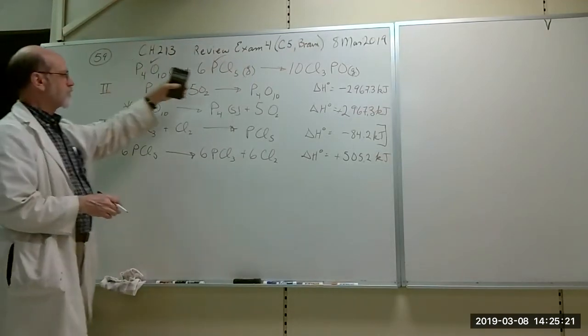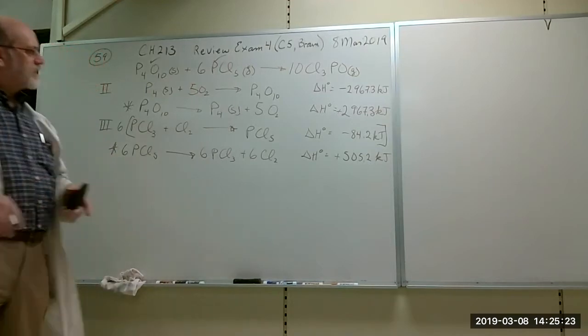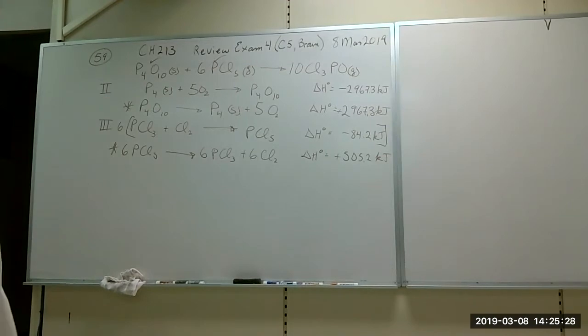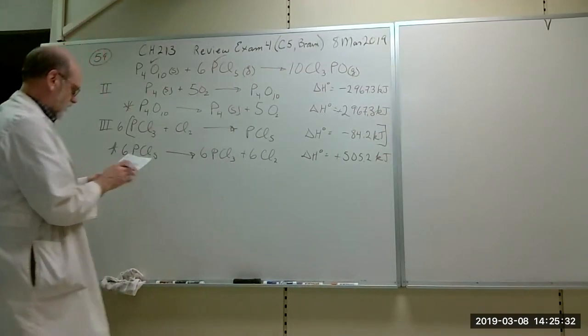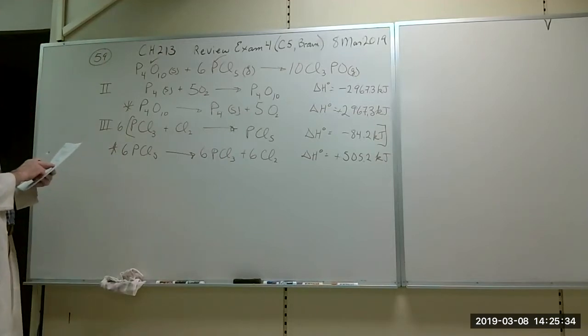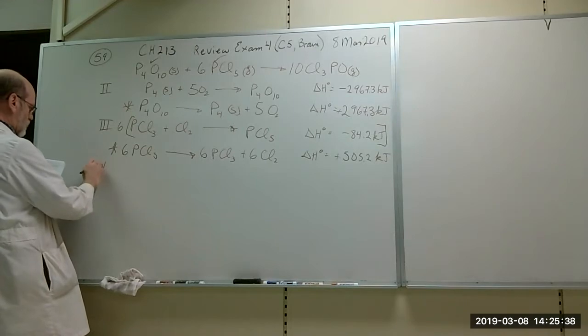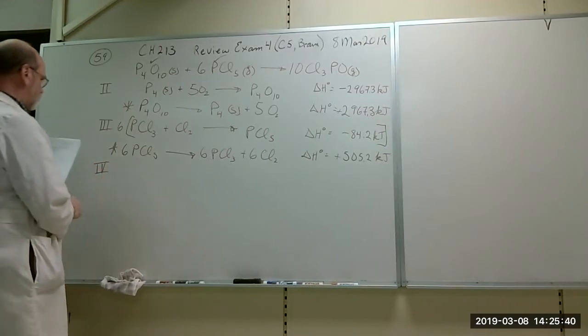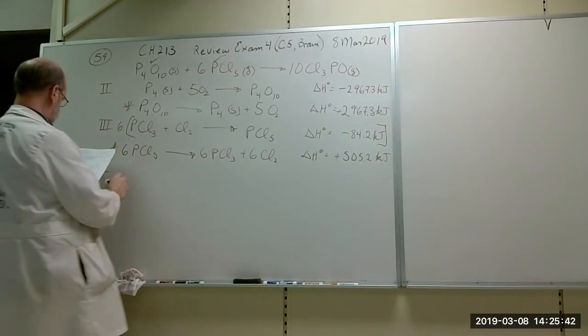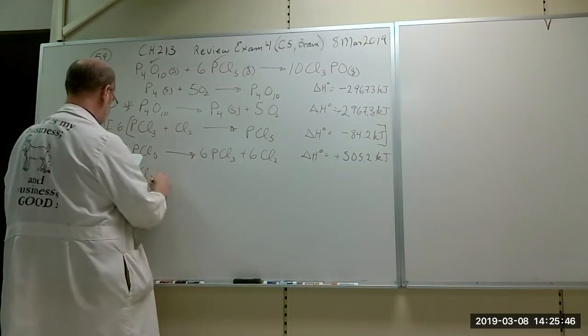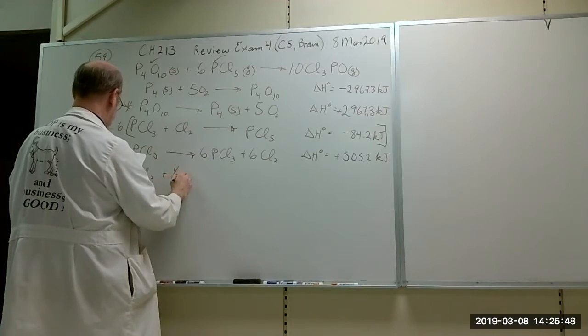Okay, so now we got this one that we're going to use. We got those two terms covered. Now we need Cl3PO. And we got one of those in here. There it is. Cl3PO is number 4. So that's PCl3 plus 1/2 O2.